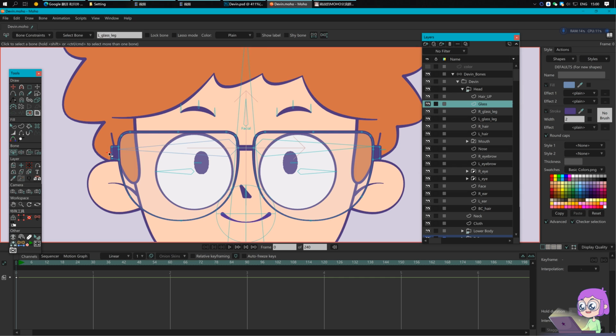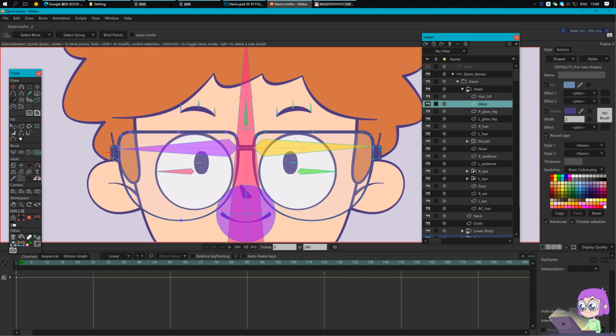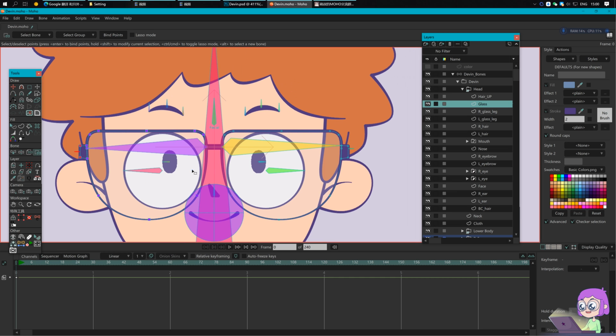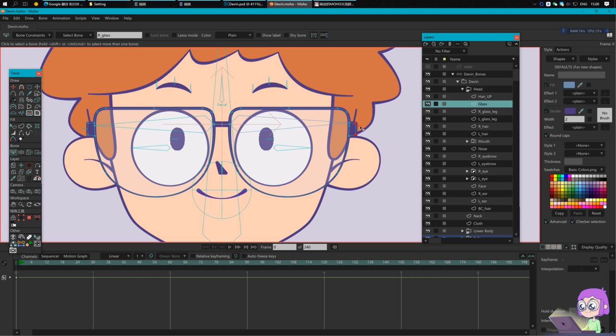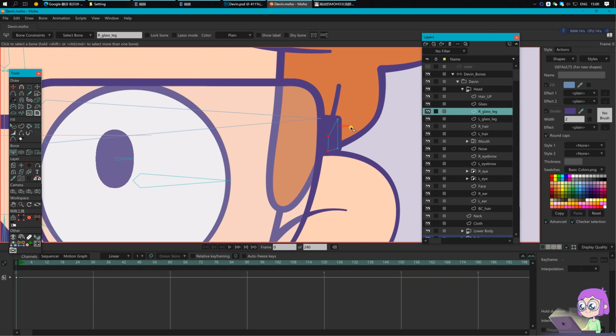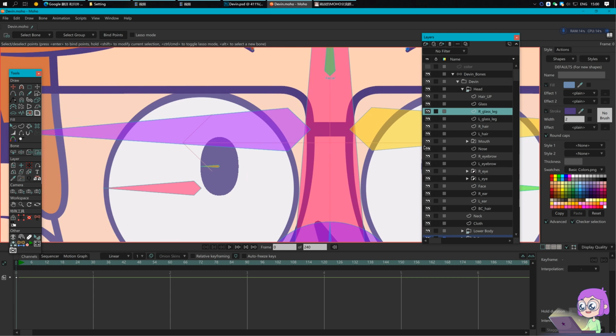Glasses bind points. Remember to bind the points of the glasses leg behind.